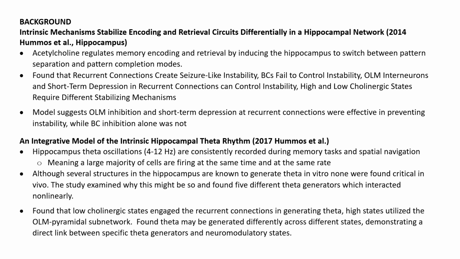It was also found that low cholinergic states engaged the recurrent connections in generating theta, while high cholinergic states utilized the OLM pyramidal subnetwork, and that theta may be generated differently across states, demonstrating a direct link between specific theta generators and neuromodulatory states.